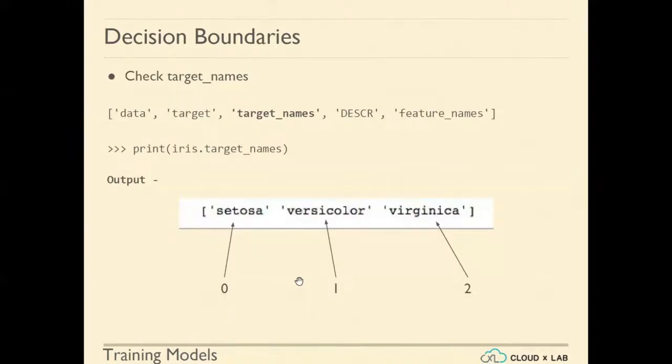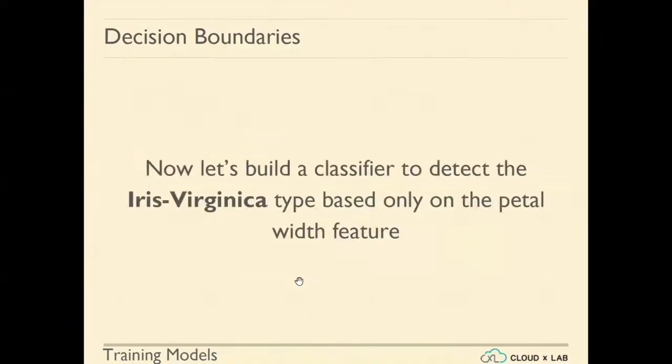Okay. So now we will build a classifier to detect the Virginica class based on only one feature, petal width, right? But in this original data set, we have 4 features and 3 classes, right? But for the sake of simplicity, here we are detecting the Virginica class on the basis of the petal width feature.